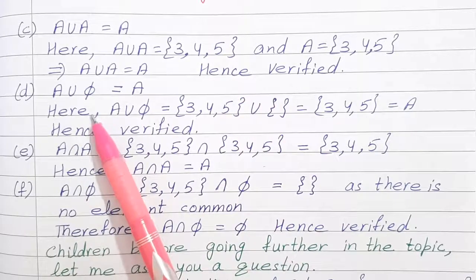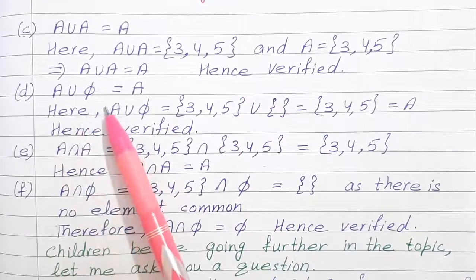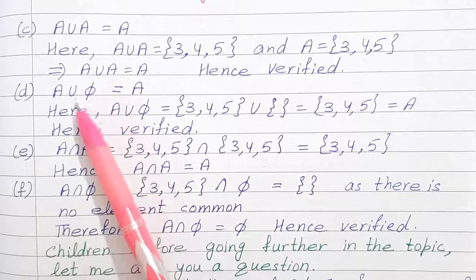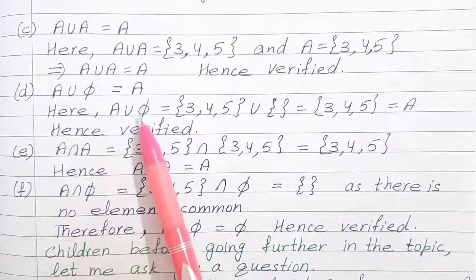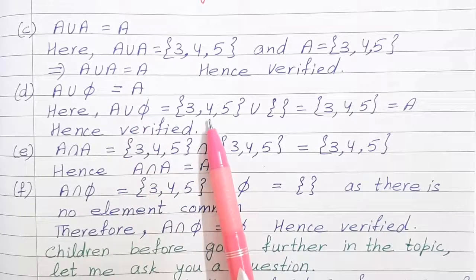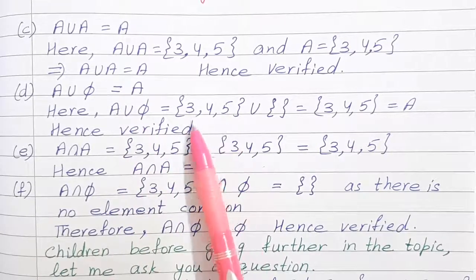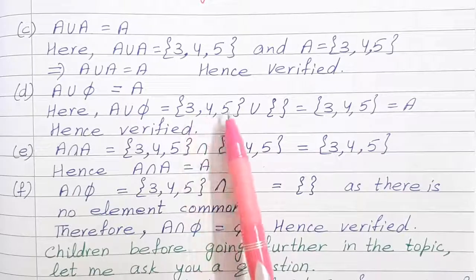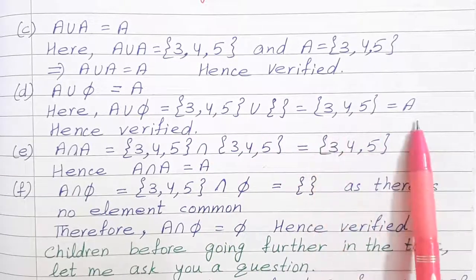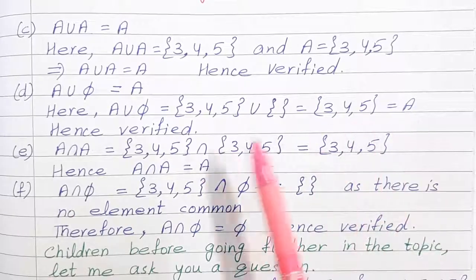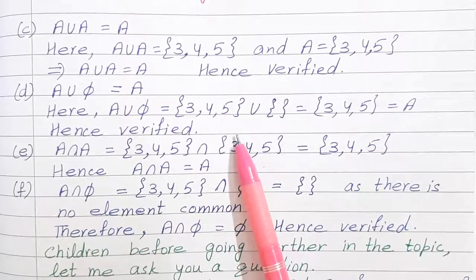Now, the D part is A union phi. Phi, you know that it's a null set or void set. Now, here A union phi will remain {3, 4, 5} because when you take the union of A with the null set, it will be the same as A only, right? So, hence it is verified.